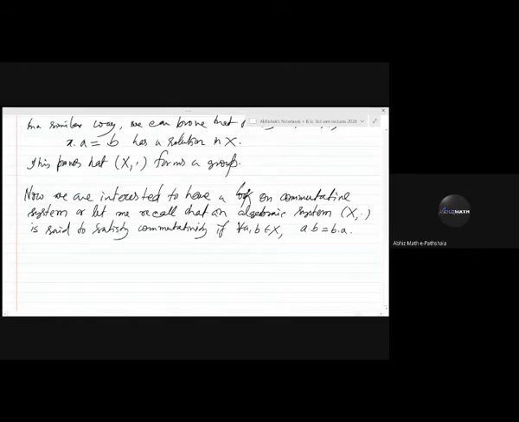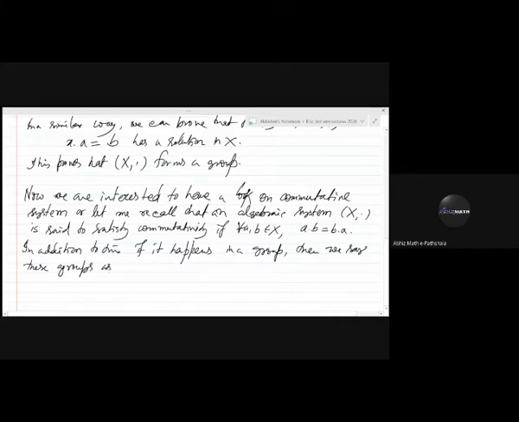In addition to this, if it happens in a group, then we say these groups are abelian groups. So it has a special name. A group with a commutative binary operation is said to be an abelian group.